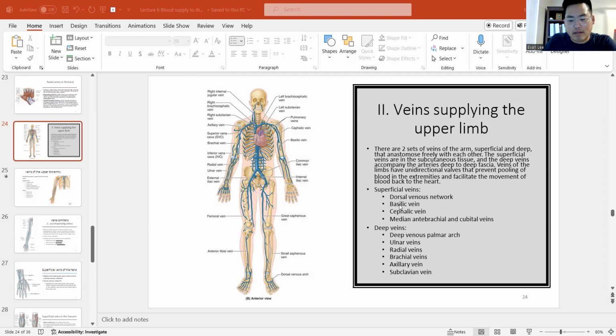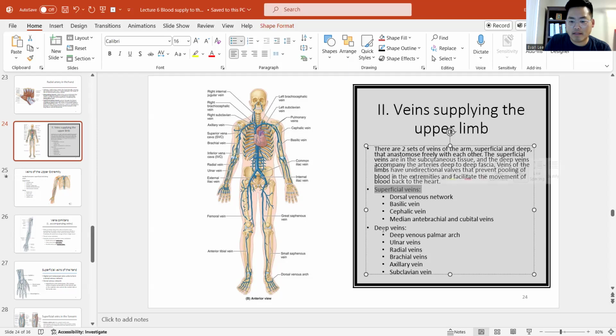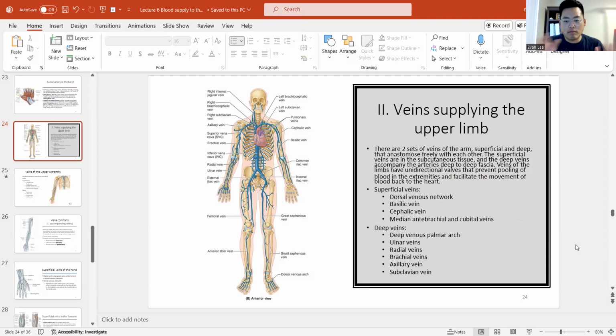Now, very briefly, you have a bunch of veins, but the thing about veins is that there are some overlapping veins, as in there are kind of two layers to veins. There are superficial veins, which you can see here, and then you have the deep veins, which you can see underneath. These two sets almost run parallel to each other, but there will be some differences.